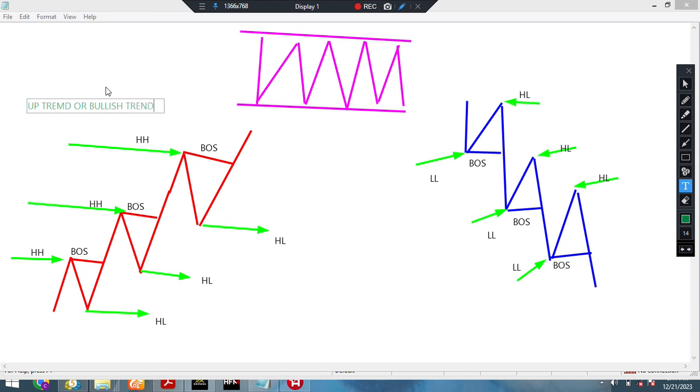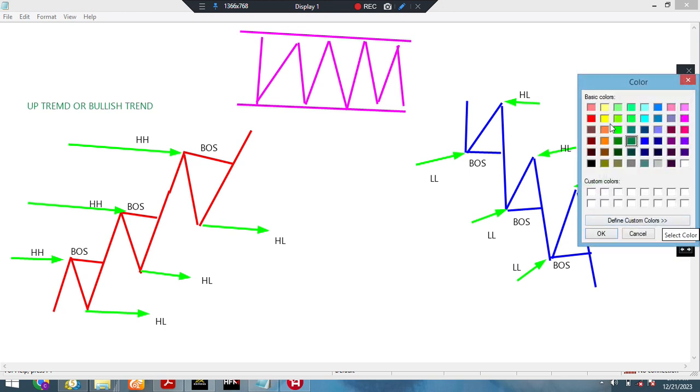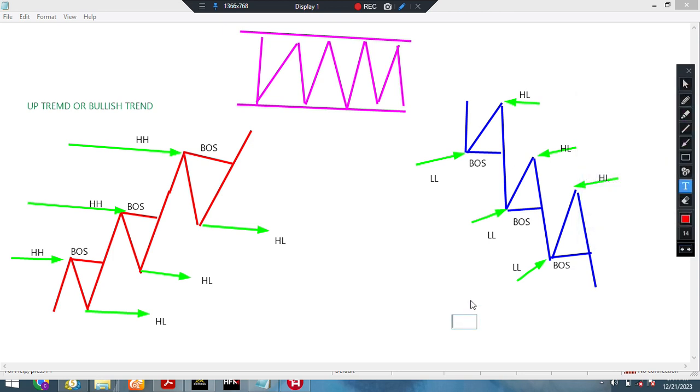Why this one is called the downtrend, or bearish trend.